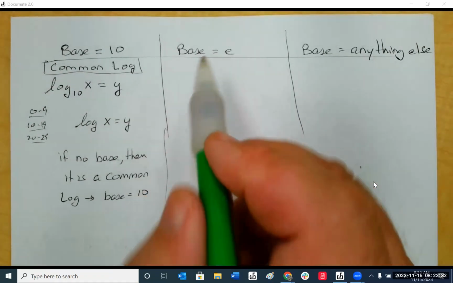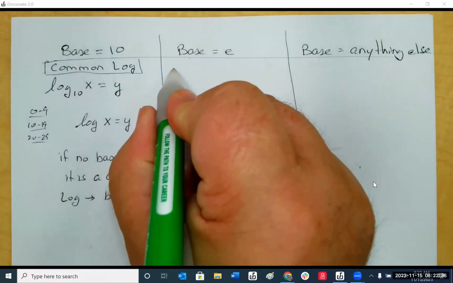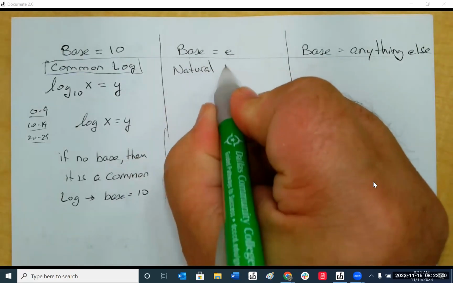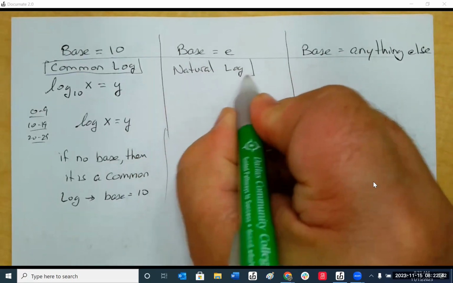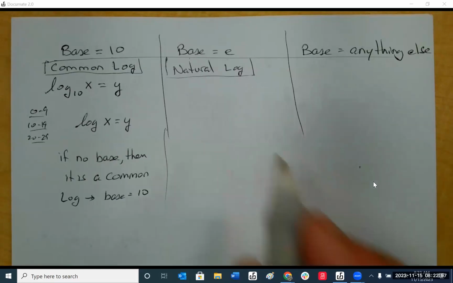The next one, if the base is e, we call that a natural log. The reason it's called natural log is because that's what happens naturally. This is the equation we use mostly in biology and the sciences, and it's what happens naturally in nature, in the universe.